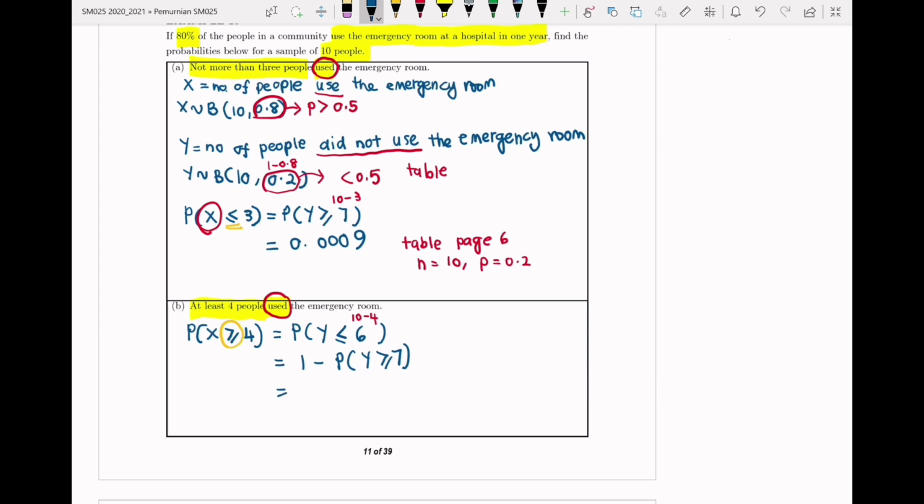We have P(Y ≥ 7) from part A, so 1 minus 0.0009. So the answer is 0.9991.